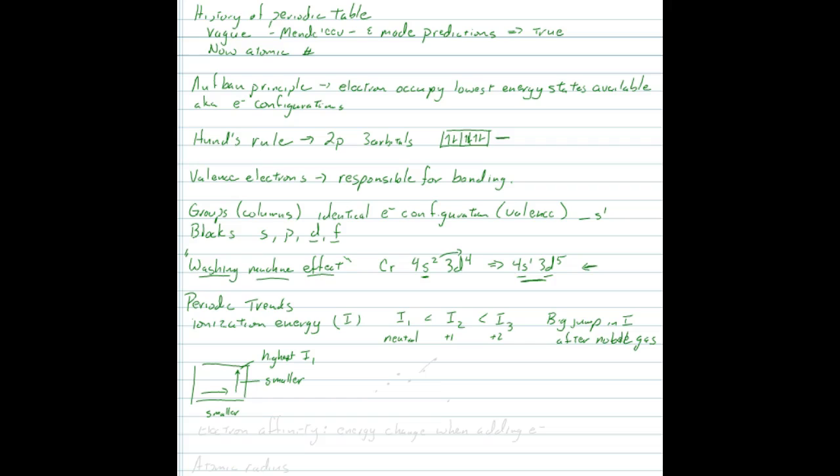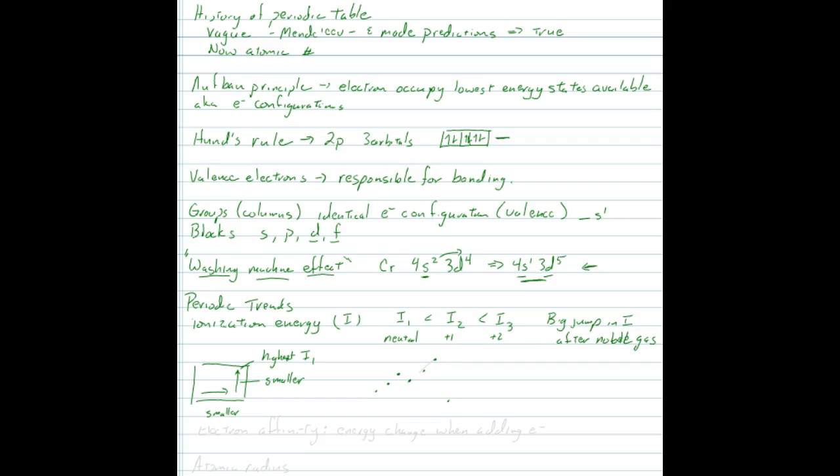You get some small drops in the ionization energy after half-filled orbitals. So the energy on the p level, say for boron, carbon, nitrogen, and then it drops a little bit, oxygen, fluorine, neon, and then it drops down for the next element.